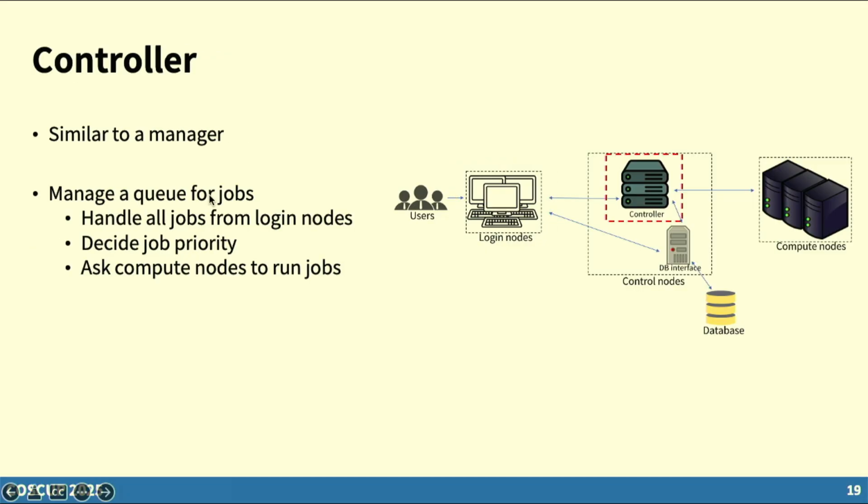Then why a controller? I think it's like a manager, because it needs to maintain all jobs from different login nodes, and it will decide a job priority for them. If your job has the highest priority, it will ask the backend, which is the compute nodes, to run the job.